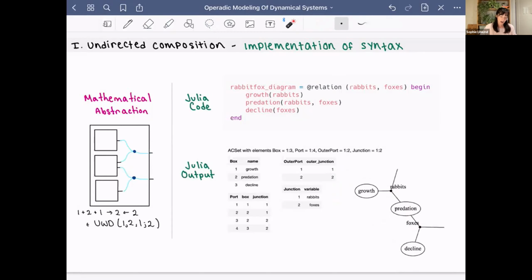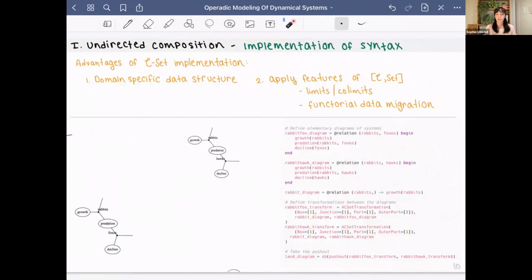All right, so I want to point out some features of implementing the syntax as a C-set. First is that we get this nice domain-specific data structure. Undirected wiring diagrams are really specialized to this problem. But to me, the even more exciting piece is that we can now apply the features of this category of C-sets.